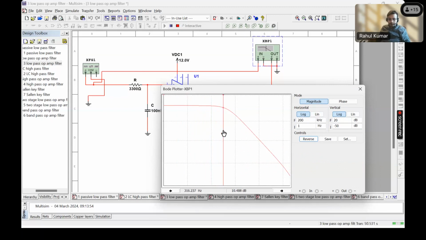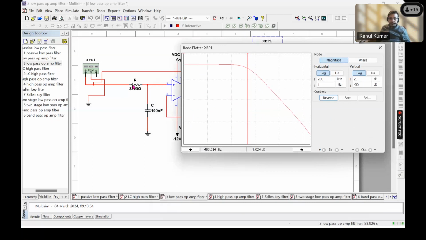So at around 9 dB, we are getting 483 hertz. That's my cutoff frequency.